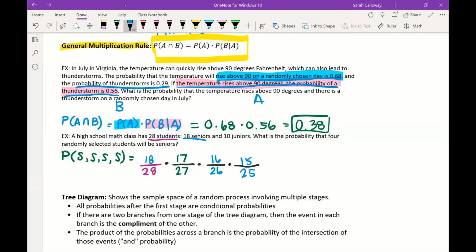So to do this problem, I want to multiply across my numerators and across my denominators to find that value. I could also, excuse me, divide each of the fractions and get the decimals and multiply. Either way, I should end up with the same answer.